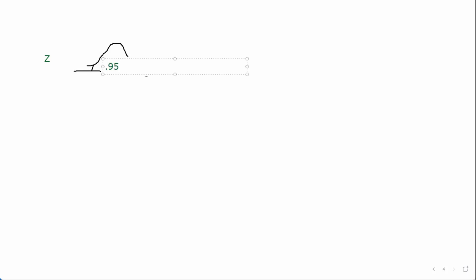And the pattern, for reasons that I showed you earlier, my alpha is 1 minus the confidence level.